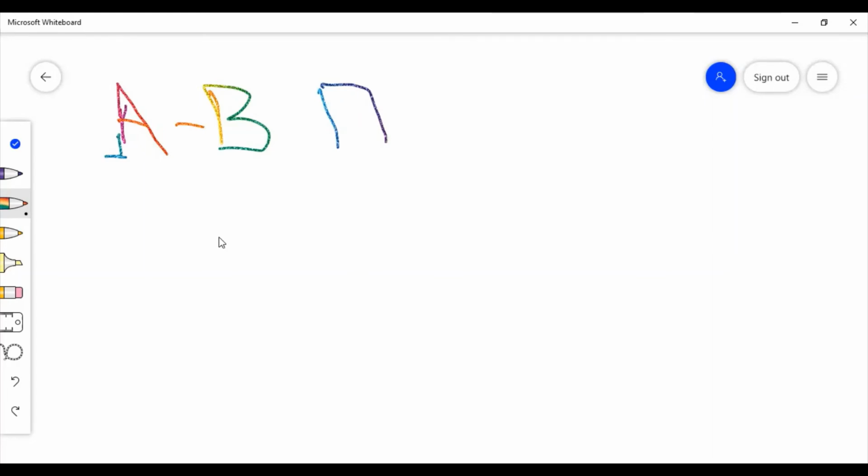A minus B bracket intersection B. And this is B. So you have to prove this: A minus B whole brackets intersection B is equal to the empty set. Okay, good. So this is a good example.